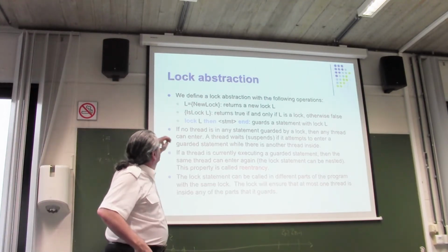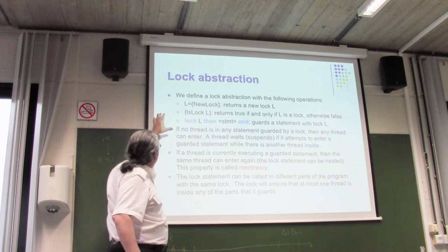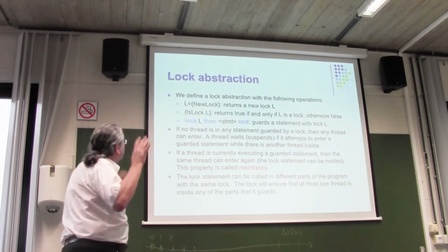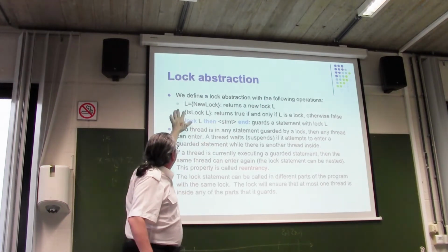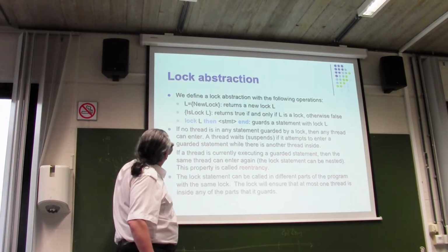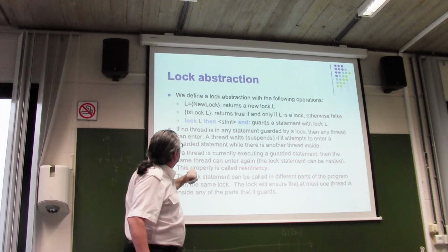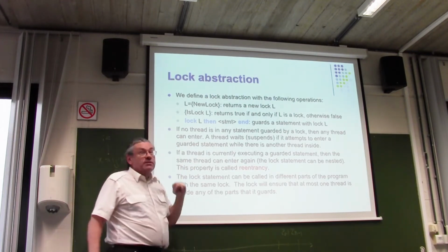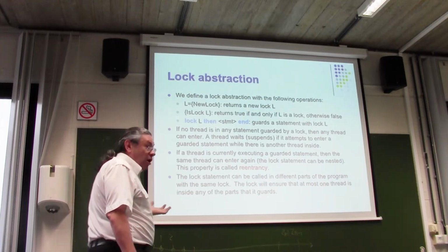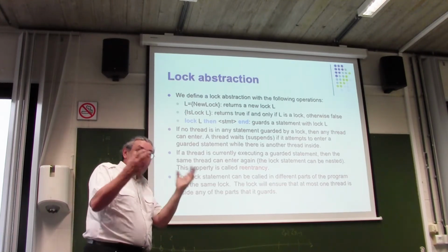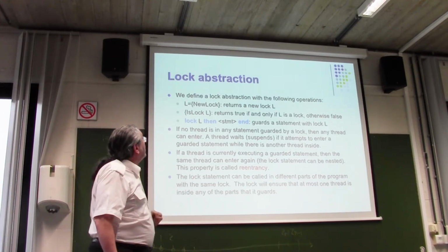Here's a simple abstraction. This is the one that's in Oz, but every language has their own little variations. You have a function called newLock, which creates a new lock L. You can also test whether something is a lock. This is because Oz is dynamically typed. You can test whether L is a lock. You can store locks inside of data structures, and they're just like pieces of data.